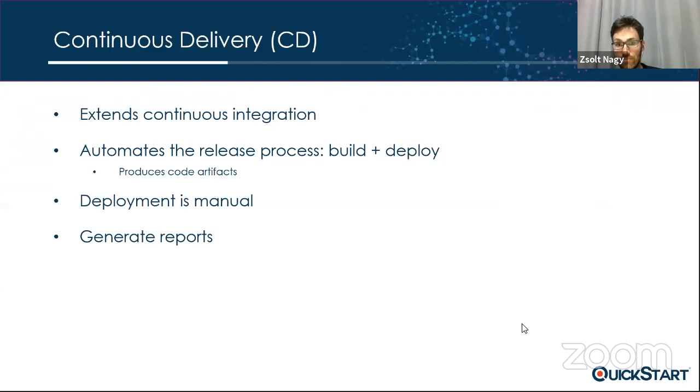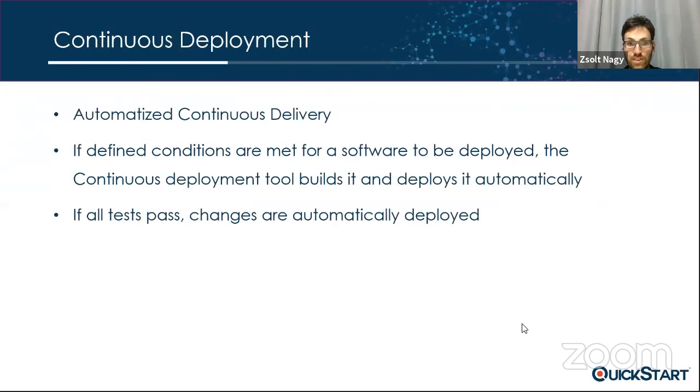And then the information will propagate back to engineering, and they will be able to fix the error as fast as possible. So that's where continuous deployment, which is basically another extension, automated continuous delivery, can be made reality.